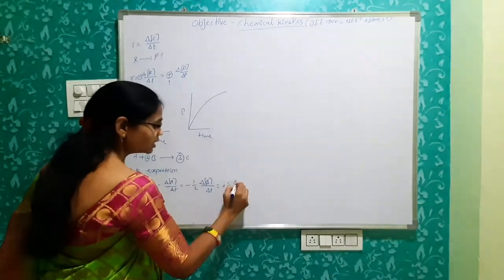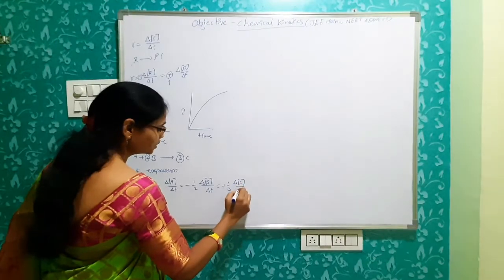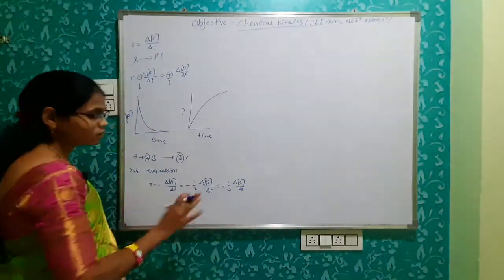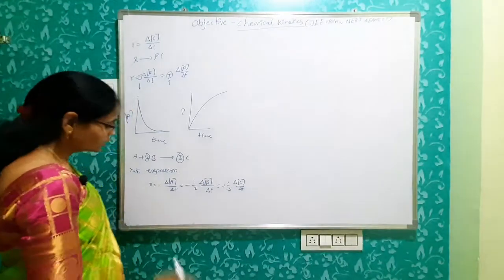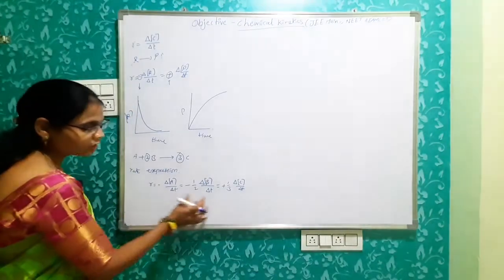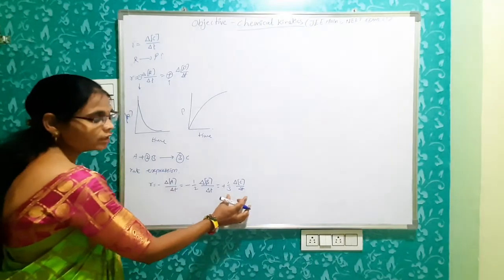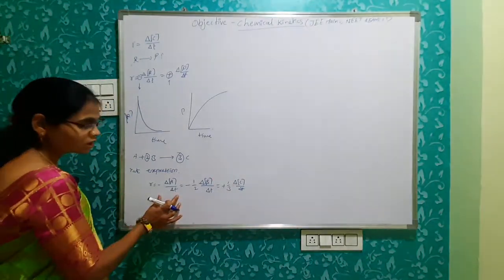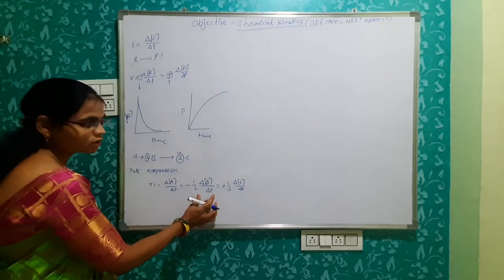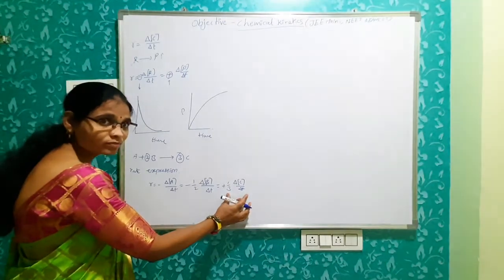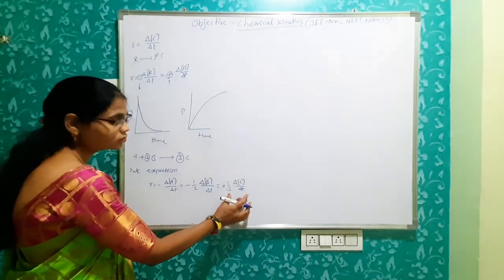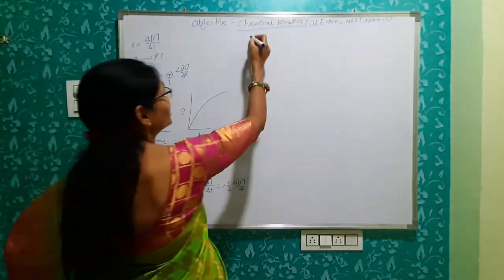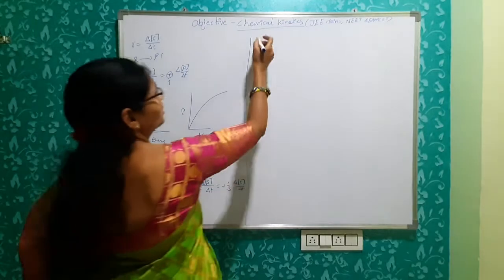So this is the rate expression: rate of disappearance of A, rate of disappearance of B, and rate of appearance of C. That is a decrease in the concentration of A and B, and an increase in the concentration of C.